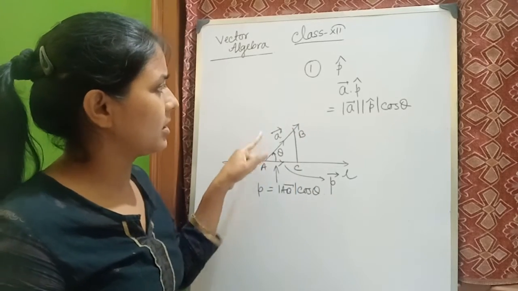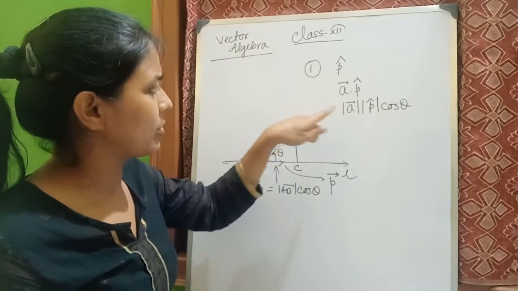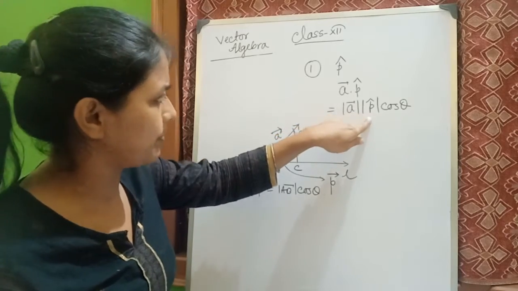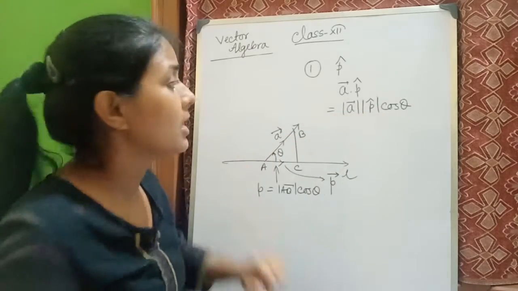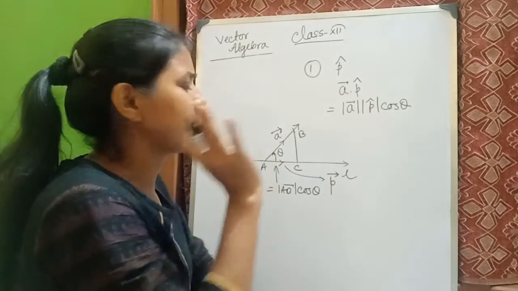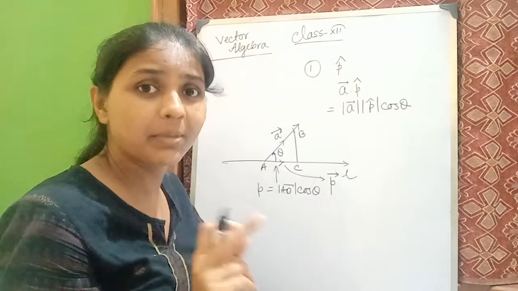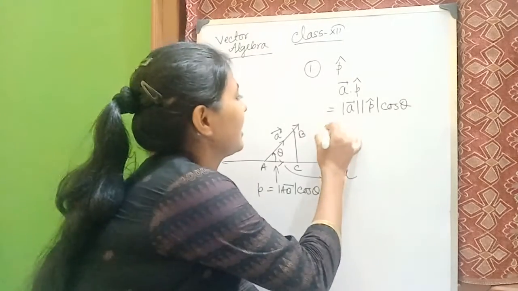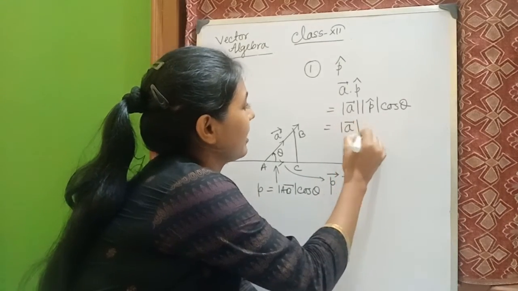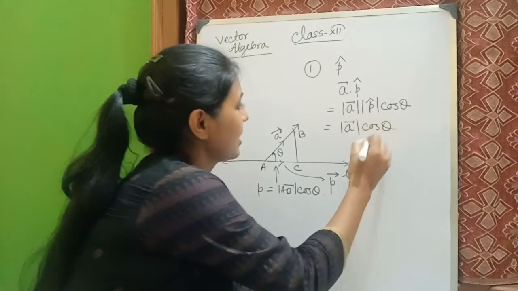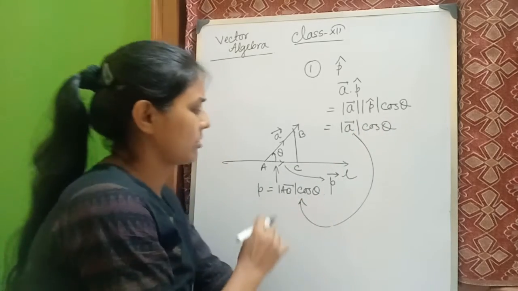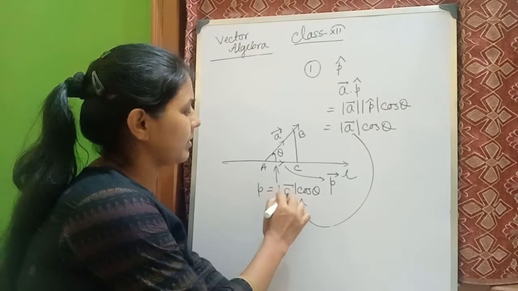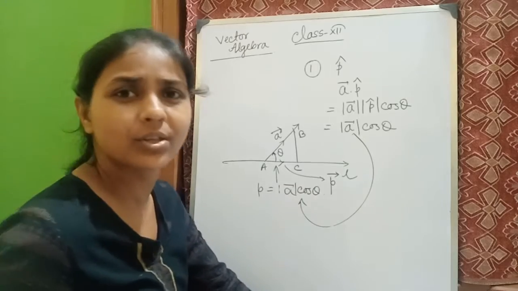So A vector dot P cap is equal to mod A into mod P cap into cos theta. Mod P cap is always 1, because it's a unit vector. That means we can write mod A vector cos theta.